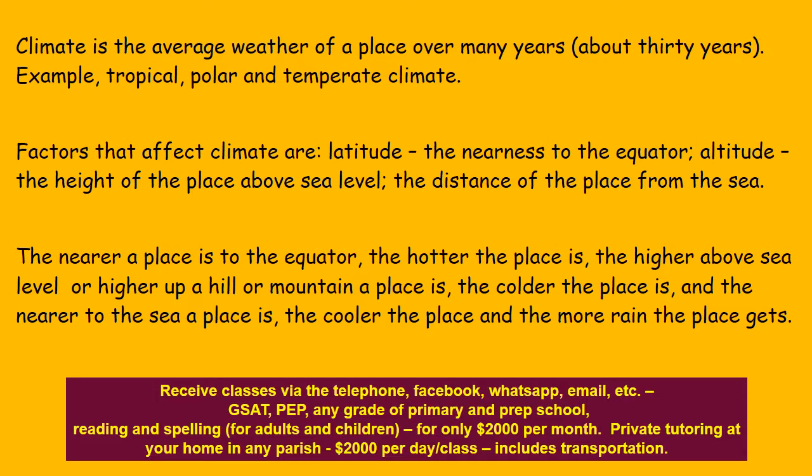What is the equator? The equator is the center of the earth. The equator is the middle of the earth. So the nearer a place is to the middle of the earth, the nearness of a place to the equator is latitude.